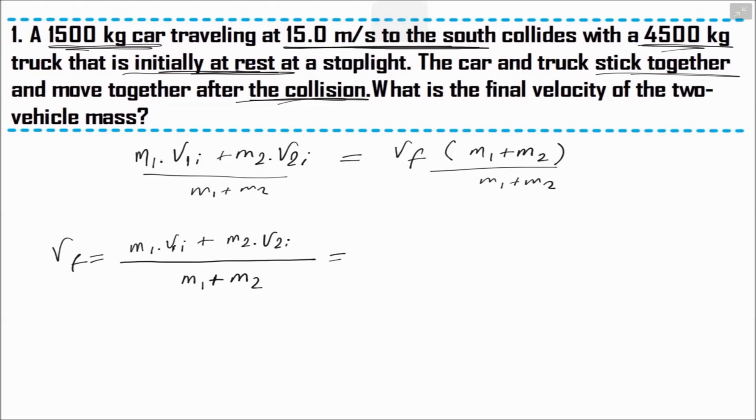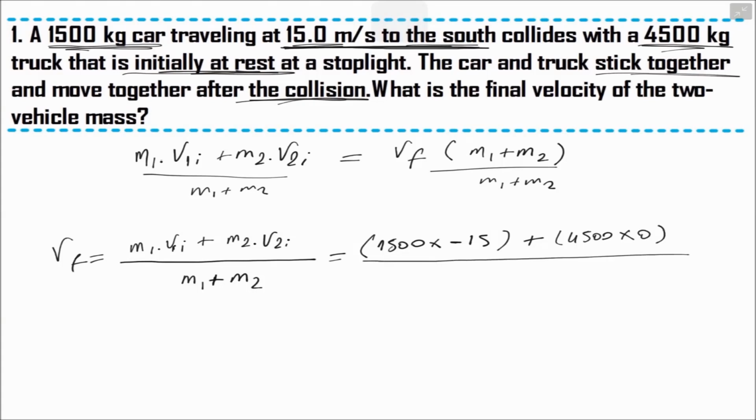So the first one is 1500, the first mass, times 15 meter per second to the south, so the direction is negative, so velocity will be negative, plus m2, 4500, times its initial velocity, which is 0, over m1 1500 plus m2 4500.